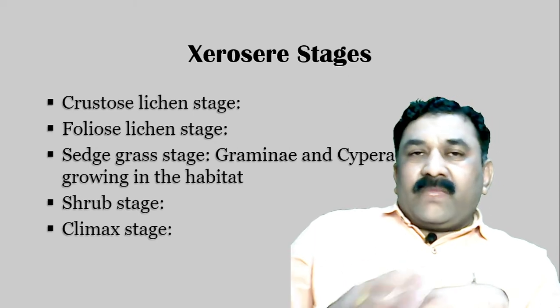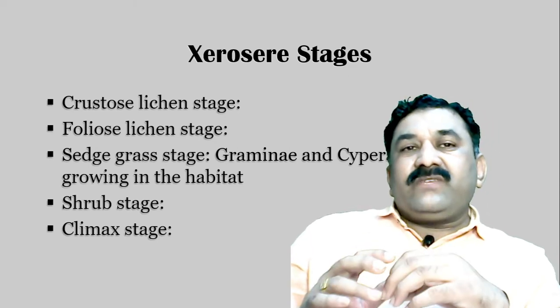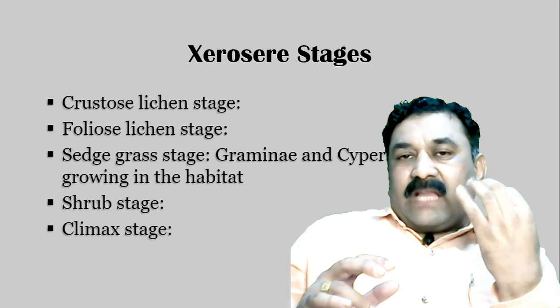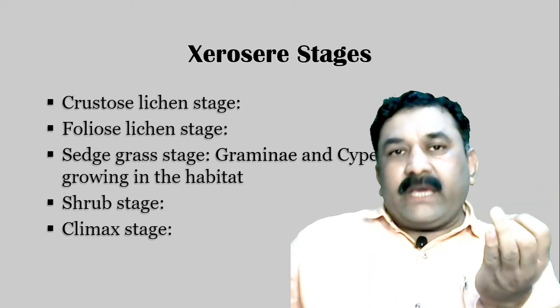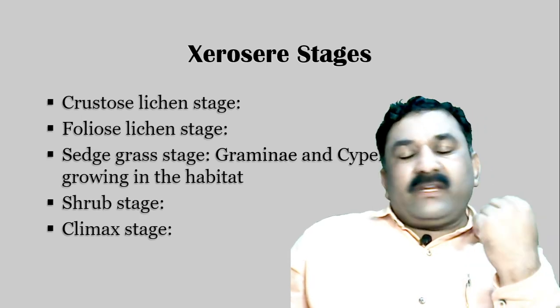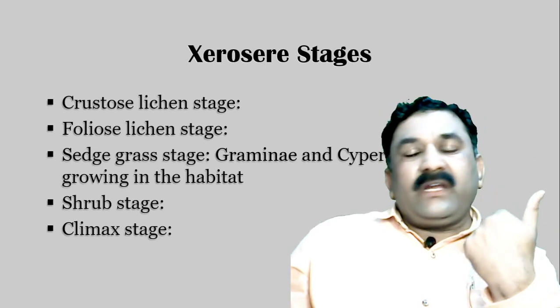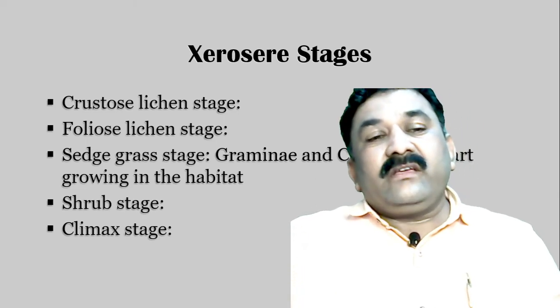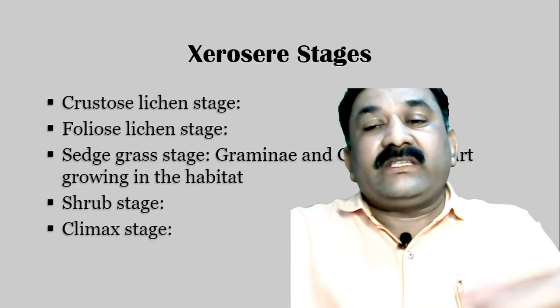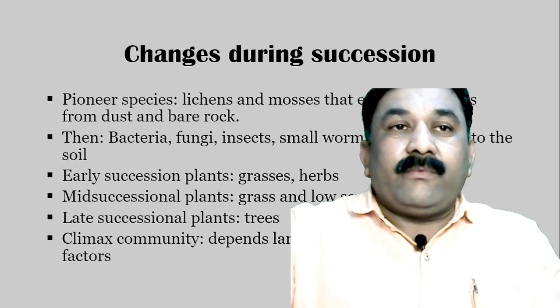So overall, this is the only change with the xerosere, that the life will start with the crustose lichen stage and it will be followed by foliose lichen stage. Further, it is the grasses, herbs, shrubs, and trees. So xerosere and the hydrosere are the two examples of the community development.